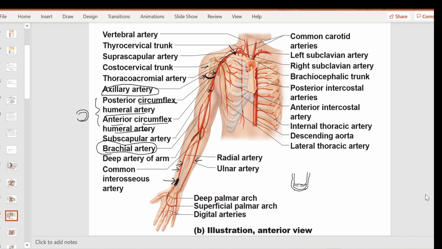This is one, this is another. So one is superficial palmar arch, another is the deep palmar arch in the palm. And from the palmar arch we get the digital arteries for the fingers. Okay, so that's how you see the upper limb arterial supply in your upper limb.